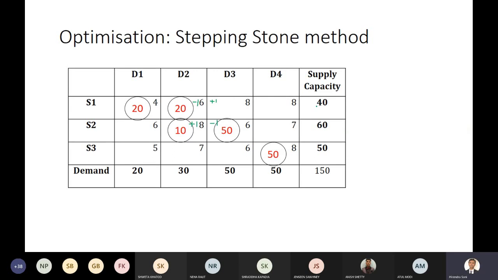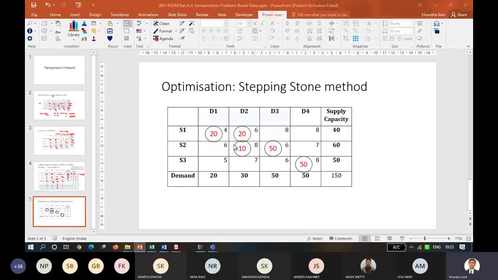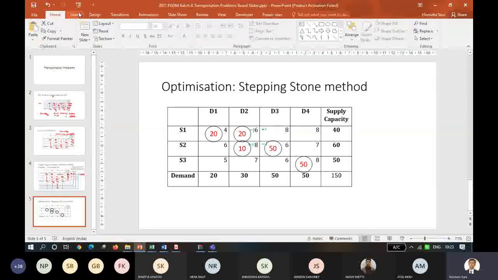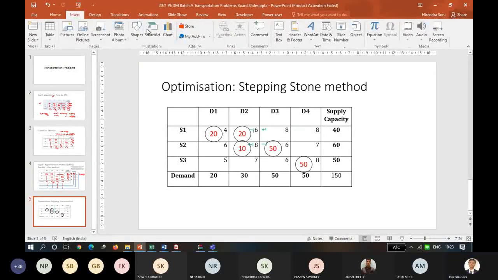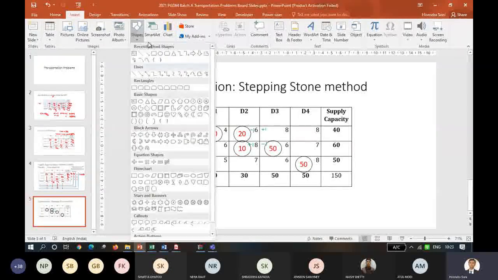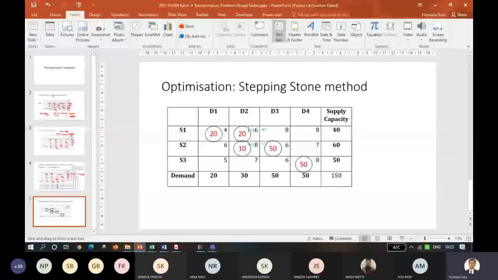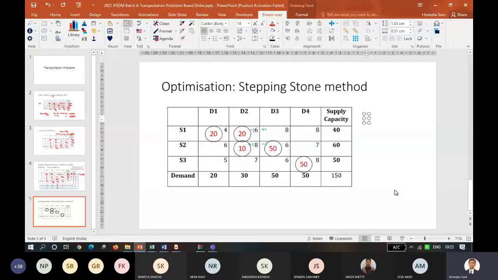Now let us look at the net effect for this particular loop. Okay, so I will again go back here and we'll just type out things. Let us say I will be typing out here S1 D3 will, if I add 1 in S1 D3, so my cost will increase by 8 rupees, correct?